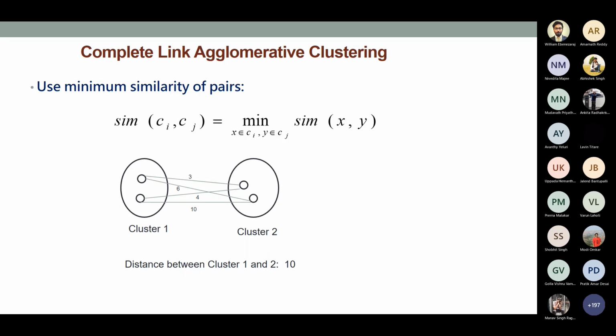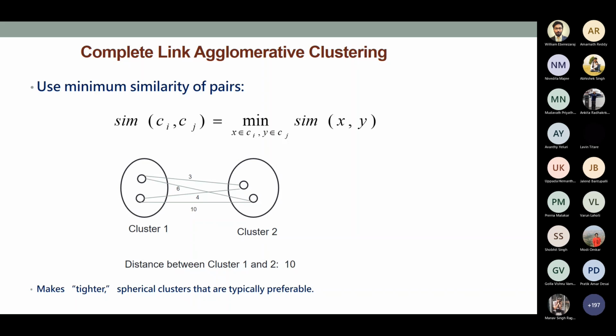But in complete linkage clustering algorithm, I am getting 10, because this is the distance between two most dissimilar objects. So now we again use this to form the cluster. Once you define the distance or similarity between two groups, you can apply the same technique to do that.